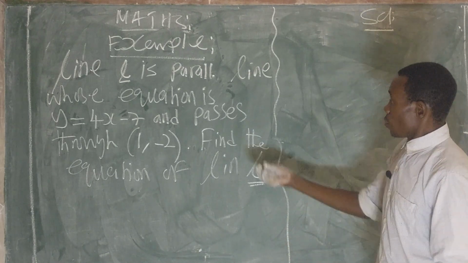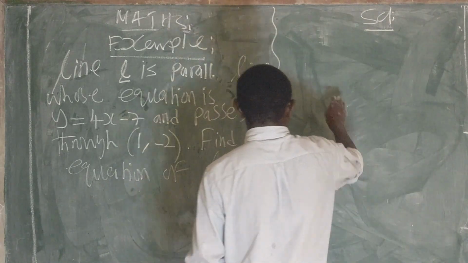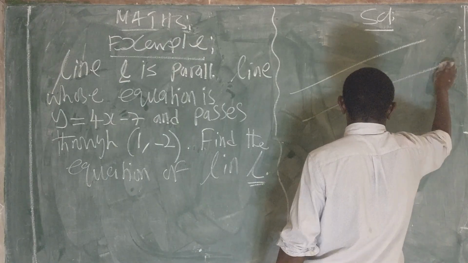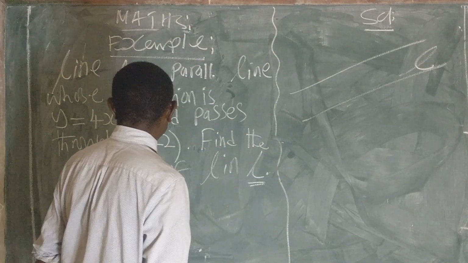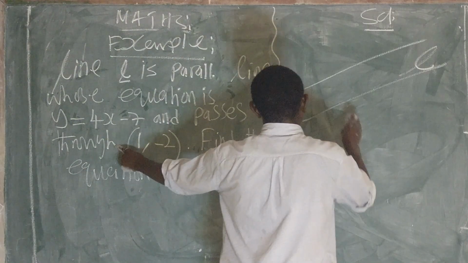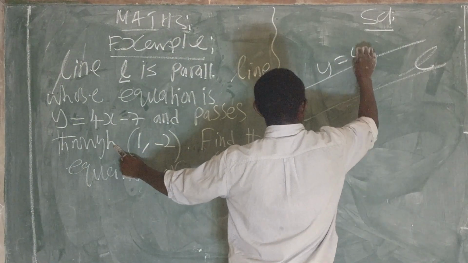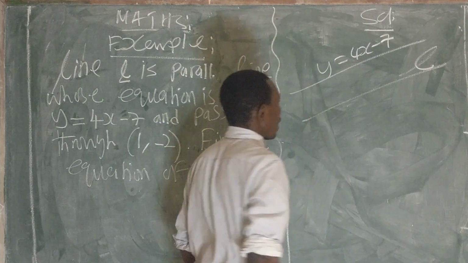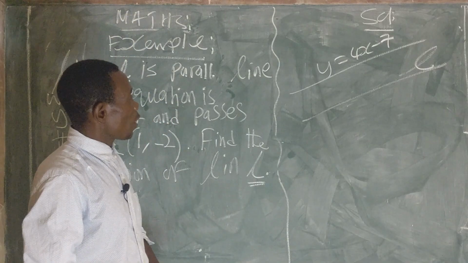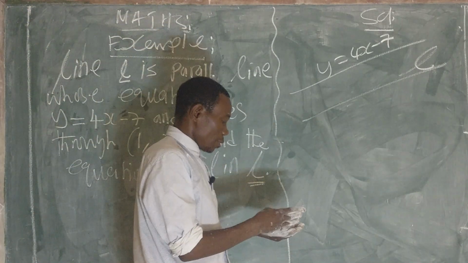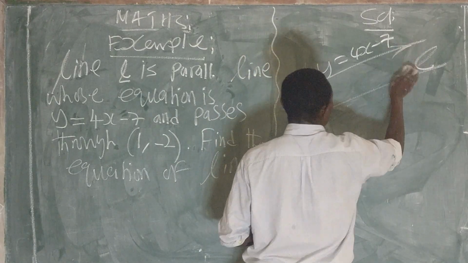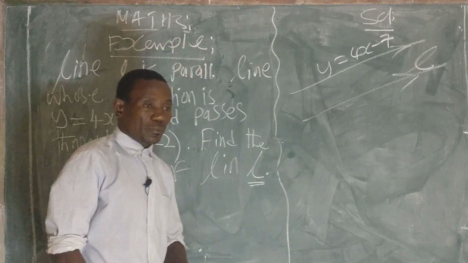One line is arrow, another line is defined by an equation which is y is equal to 4x minus 7. Two lines, like arrow 1 and arrow 2. They say the two lines are parallel. It means they're heading towards the same direction.